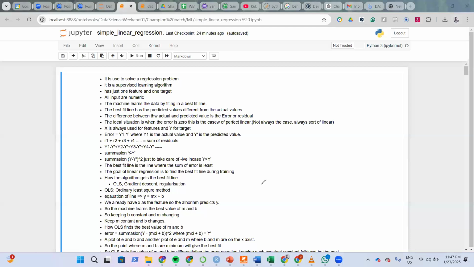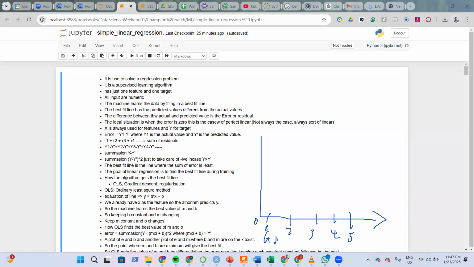Okay, let's look at something. I want to plot a graph of GPA against salary. Let's say the GPA starts from 0, and then we have 1, 2, 3, 4, and 5.